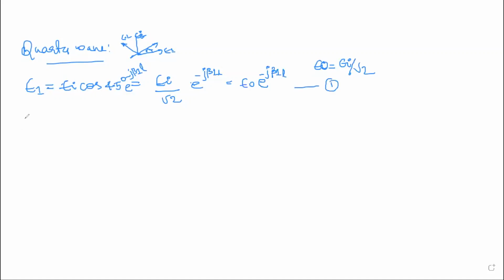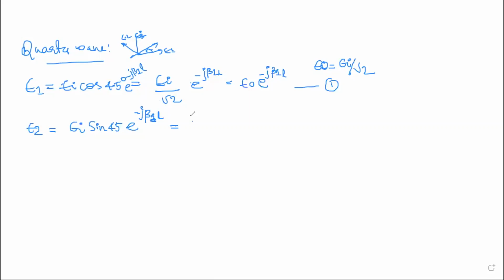Second, similarly, we will write for the sine component, which is equal to Ei sin 45 e to the power minus j, with respect to one more phase shift, beta 2L, sorry, beta 1L.